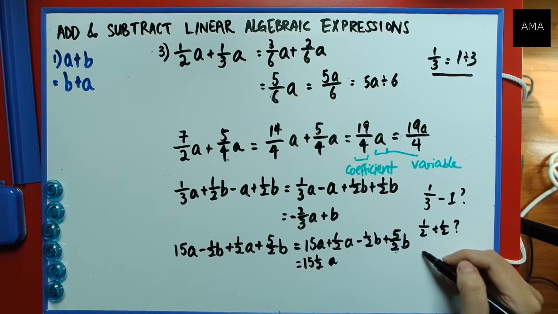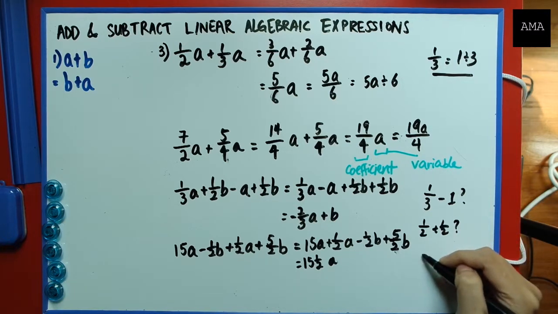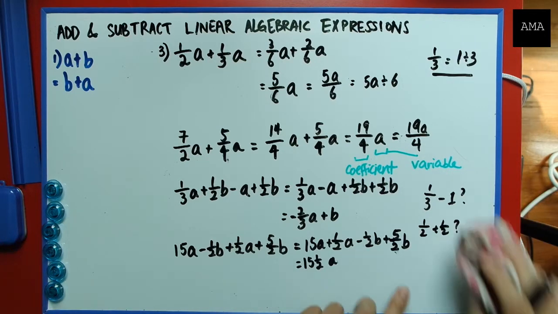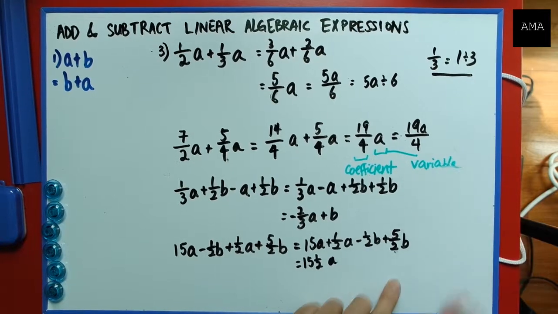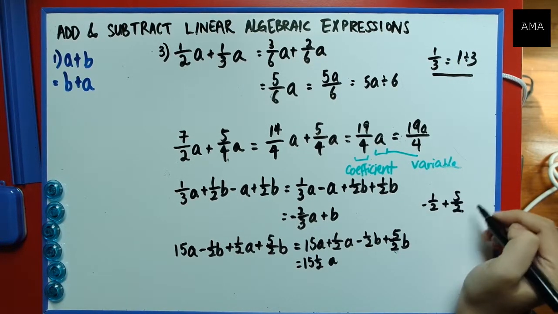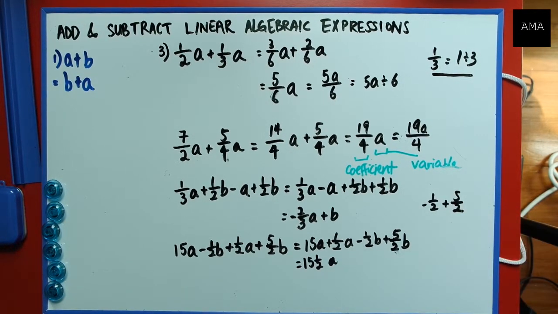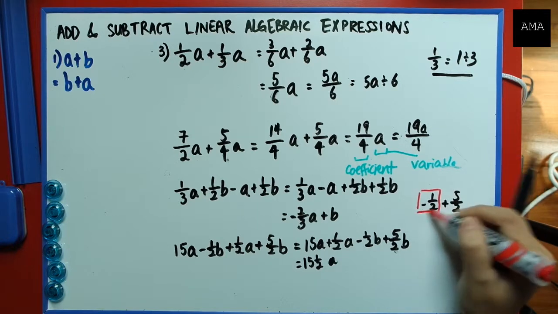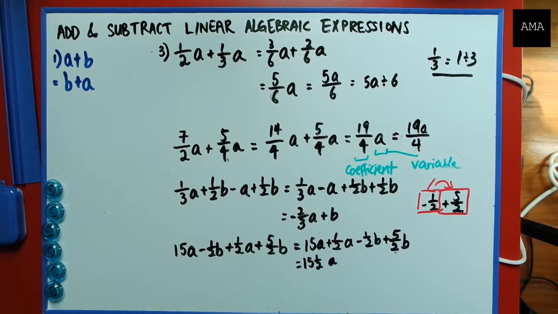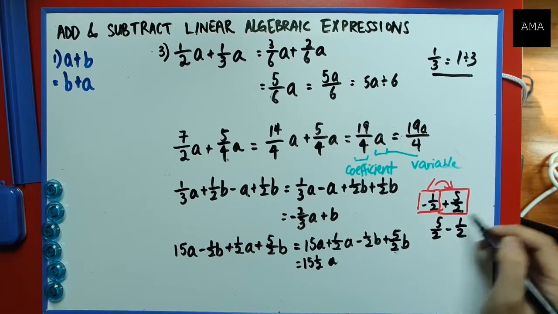Remember I said addition and subtraction is commutative, right? So what it means is, minus half plus 5/2. A neat trick to do this kind of sums is that I swap the position of the negative and the positive. So I swap their position and I get something that looks like this. So it's the same. This is equal to this.